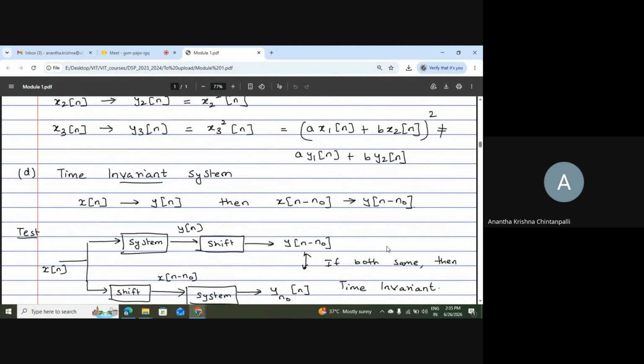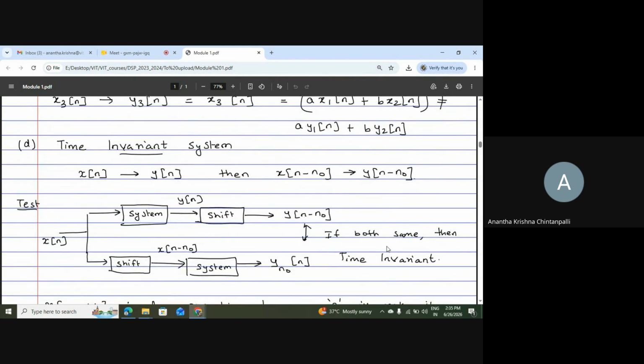Okay, so there is a simple test for whether the system is time invariant or variant. We take a signal x of n, pass it through a system, and get y of n.